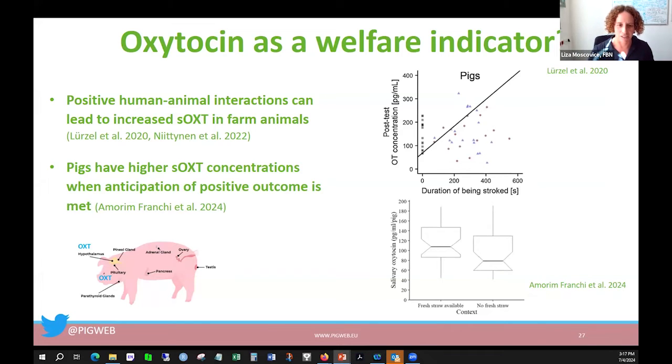And then this is the salivary oxytocin concentrations averaged before and after they have their straw reward. And here on the right side are the salivary oxytocin concentrations where they expect this positive outcome. They think they're going to get the straw, but then they don't get the straw in the end. So it's this violation of expectations.